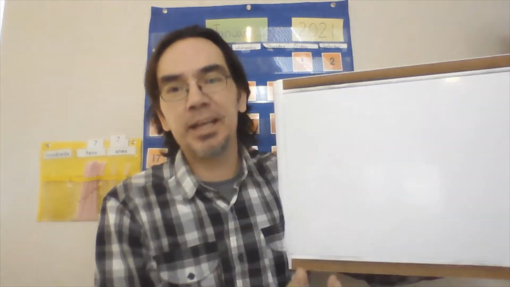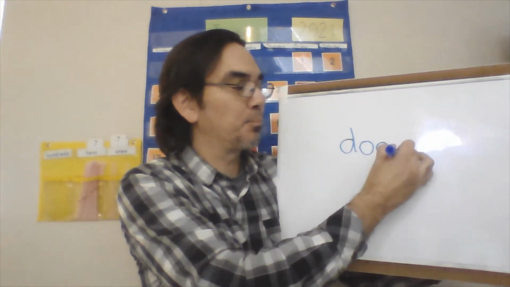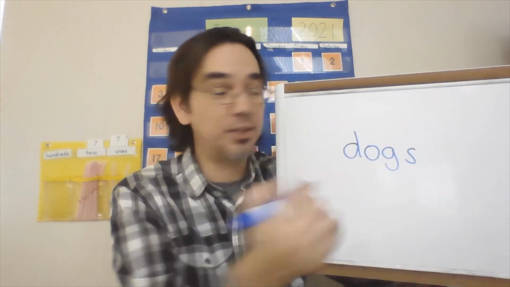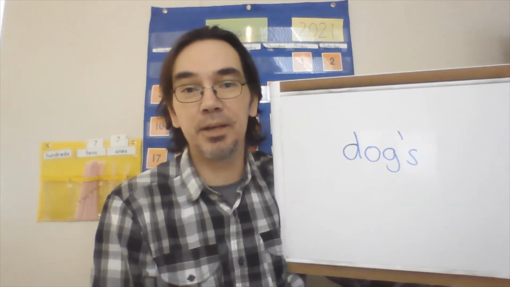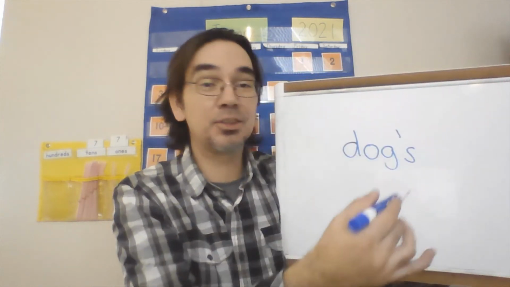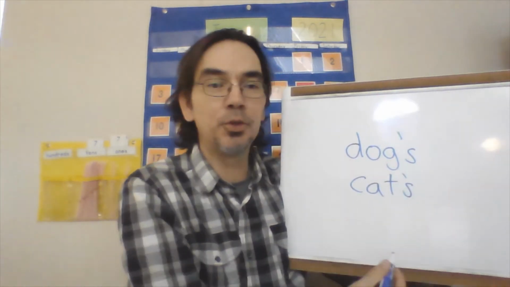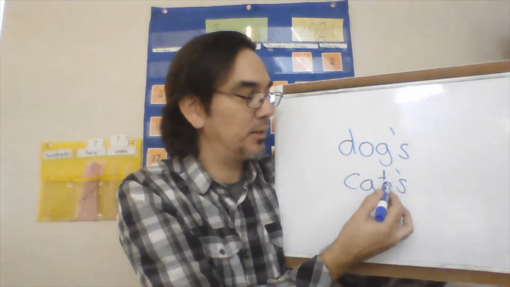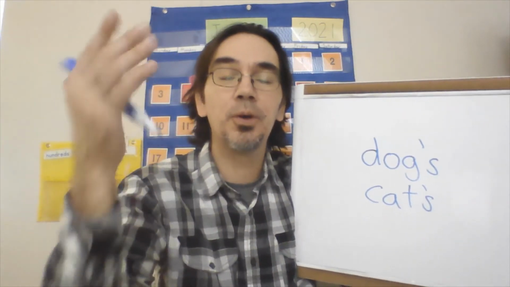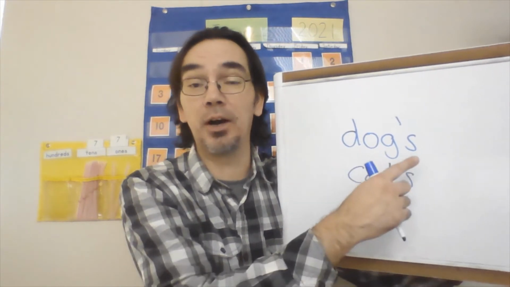If the dog has a collar, I would say it's the dog's collar, but it's not complete yet because when I'm showing possession, I add my apostrophe in front of the S, right? The dog's collar, the cat's food. See that? So in between the last letter and the S, we put an apostrophe to show whose it is. Whose is it? The cat's. Whose is it? The dog's.